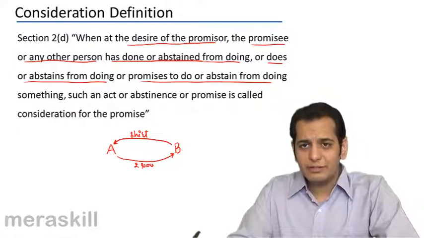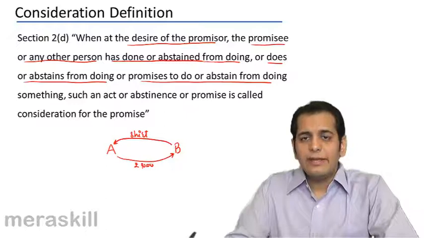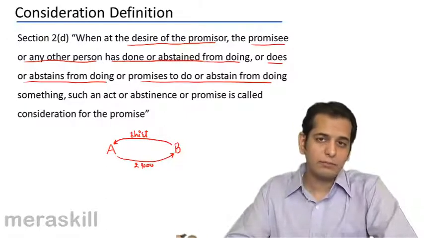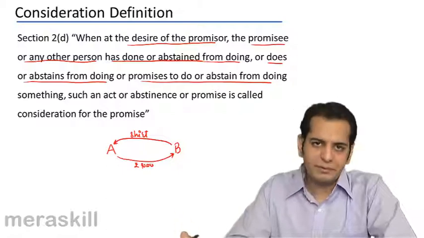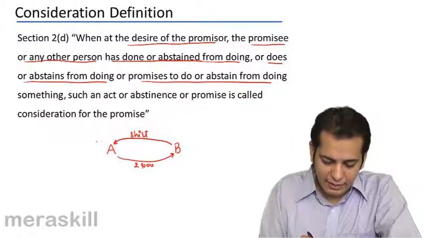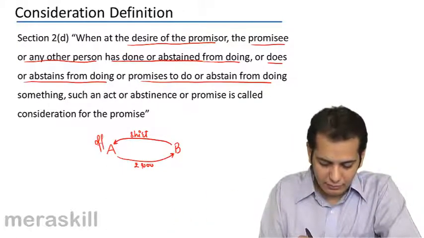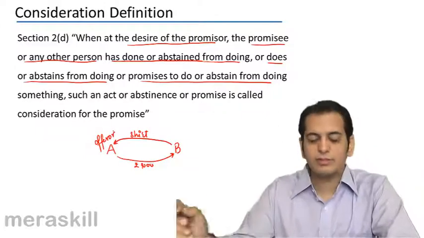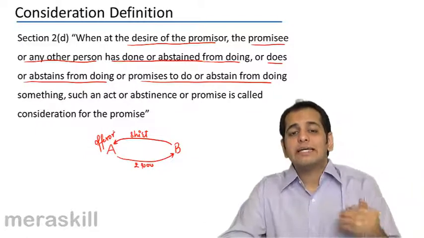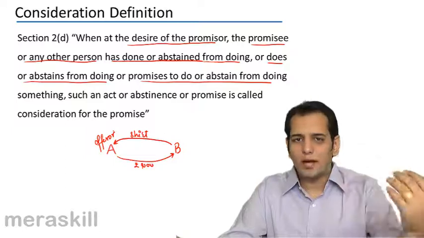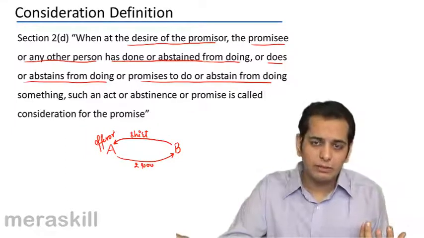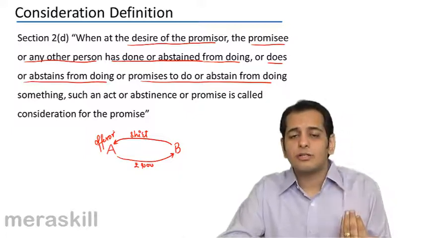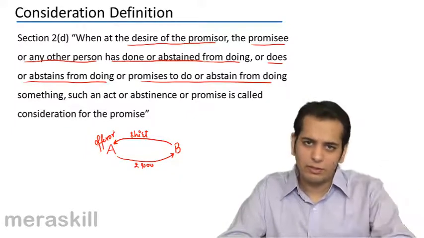Now in this case, we can see that A went to B's shop, he asked for a shirt and in turn paid money to him. So we can say A is the offerer because he is offering to buy a shirt. He is telling B that I want your shirt and against it I will pay you 1000 rupees.